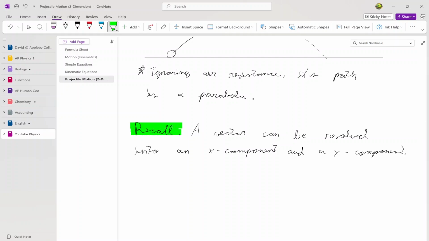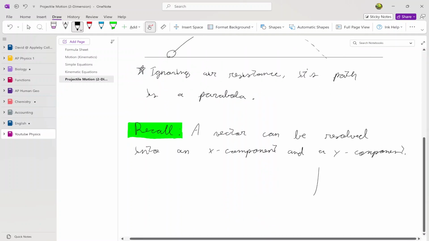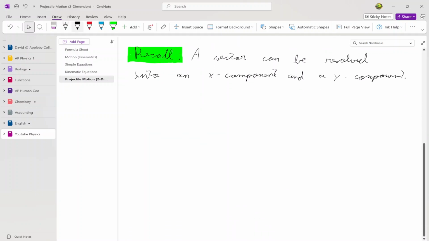A lot of people go past this. A lot of people tend to forget the breakdown, and sometimes they will use the whole vector, or sometimes they don't even know why you're breaking it down. It's very important because these two different types of components are completely different.